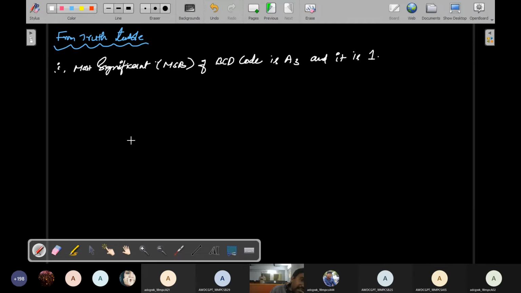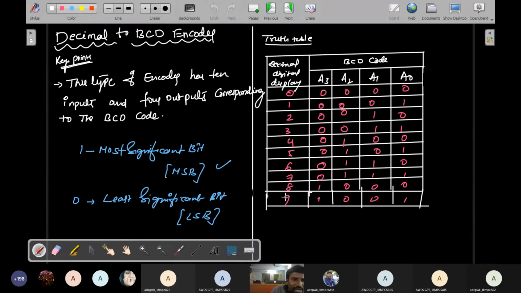It is 1 for decimal digits 8 or 9. See, in this graph we represent only 8 plus 9, 8 or 9.